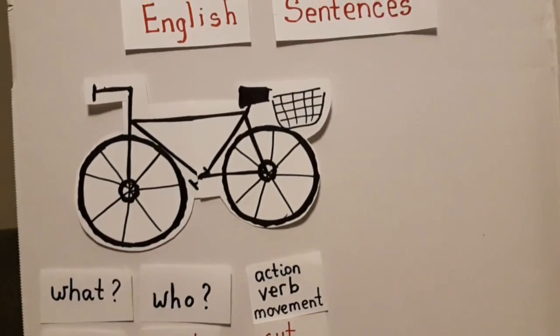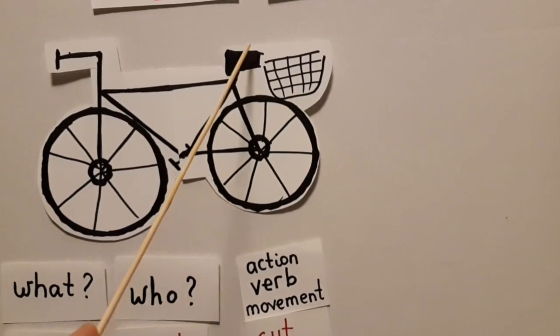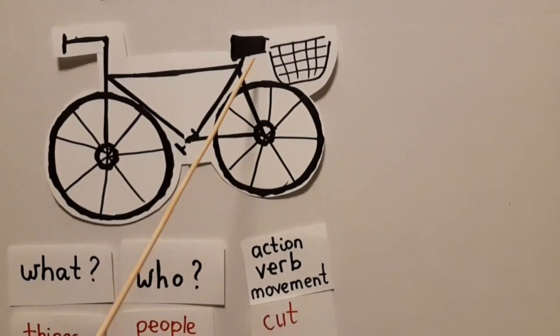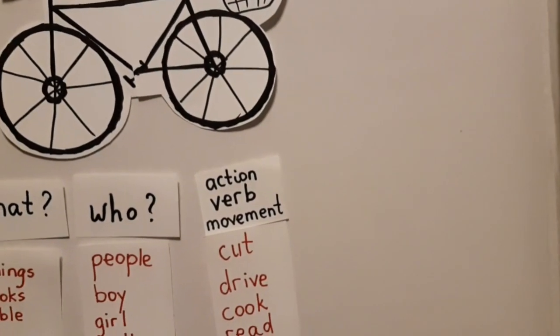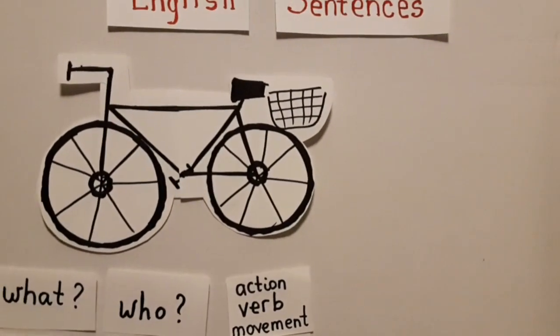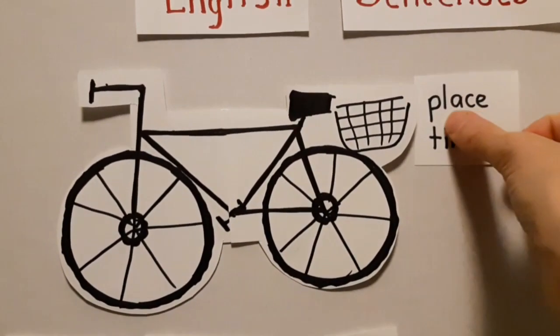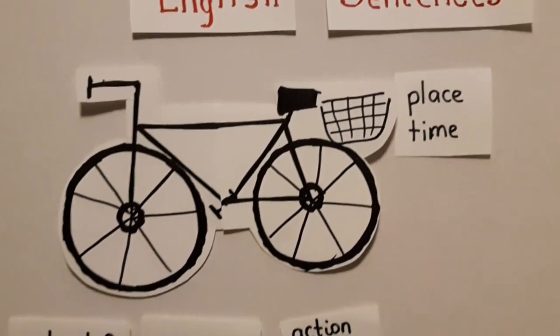Now look at the bicycle again. We have a small basket for the bicycle. Why do we need this? In this basket, we are going to put words that show place or maybe time.